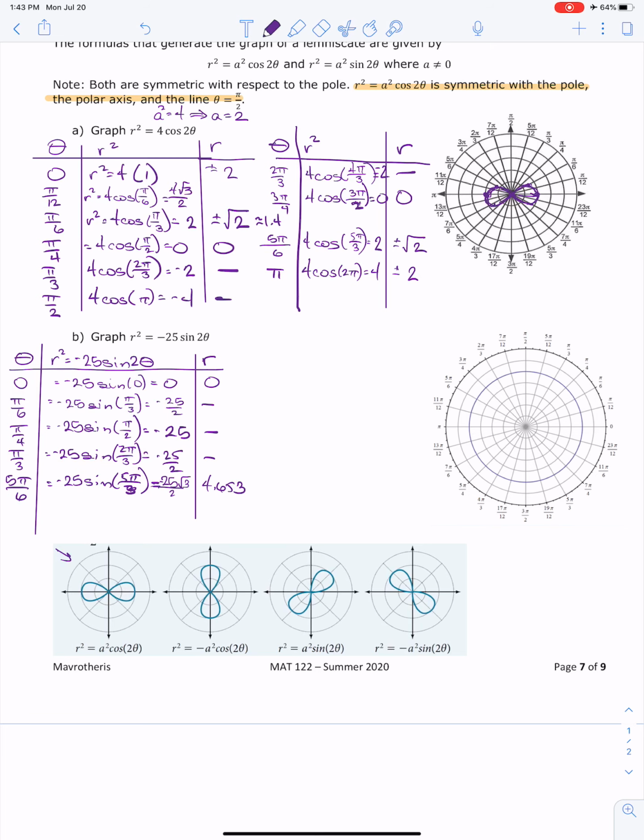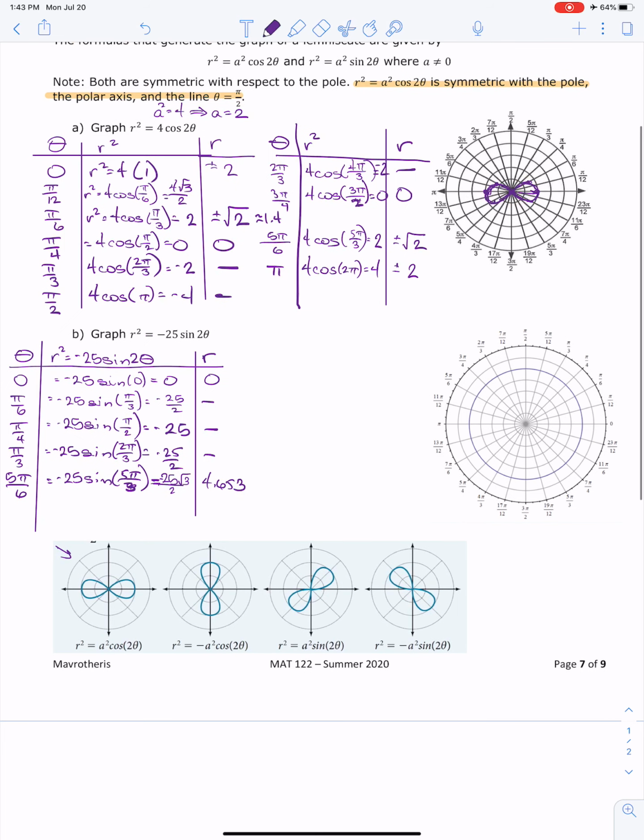Did I skip one? I skipped 2 pi over 3. Negative 25 times the sine. When we double that, we get 4 pi over 3.